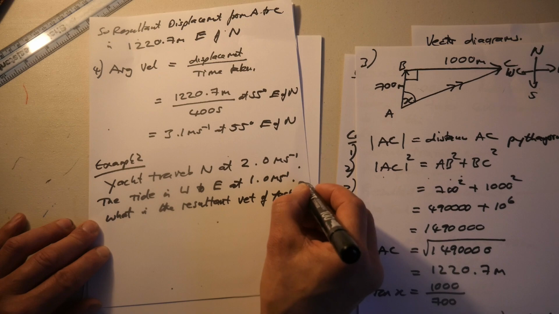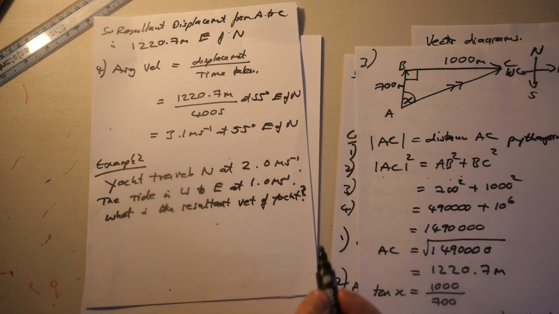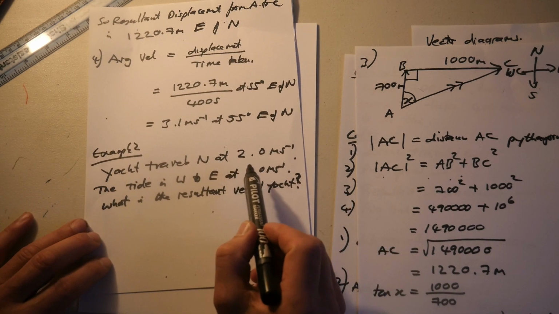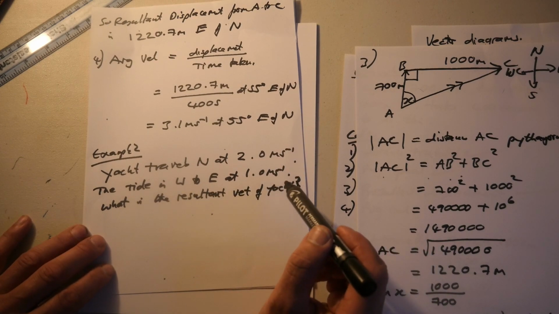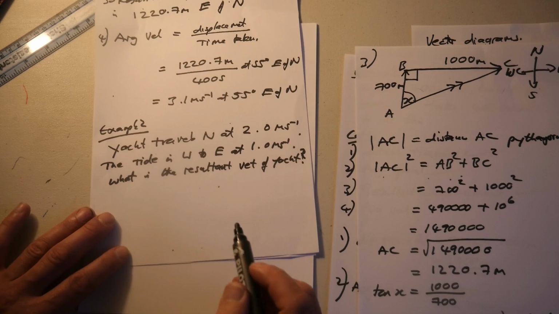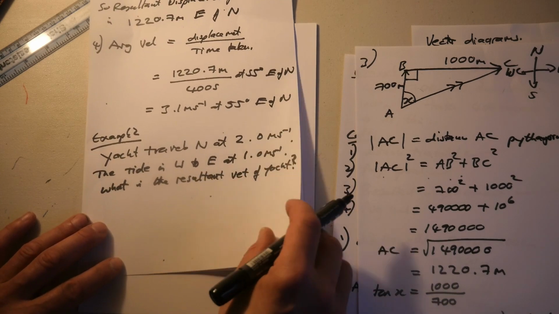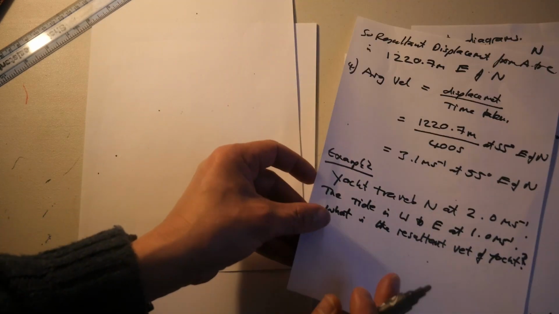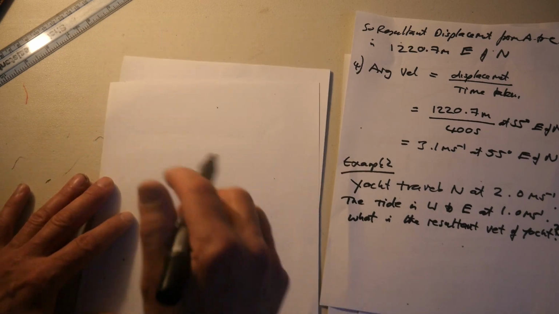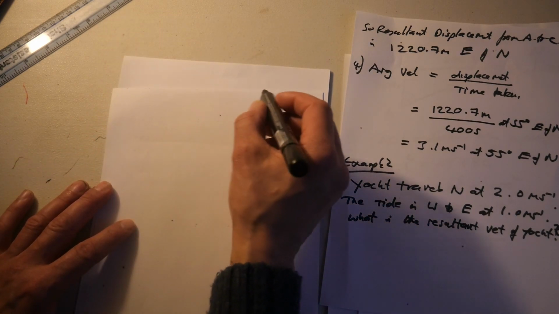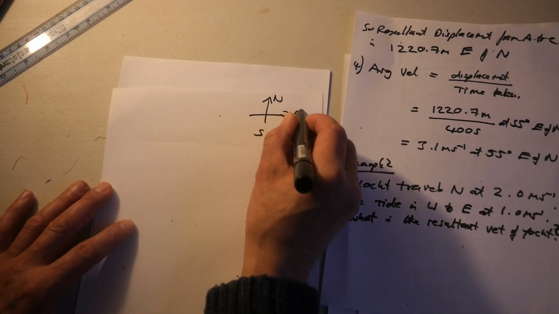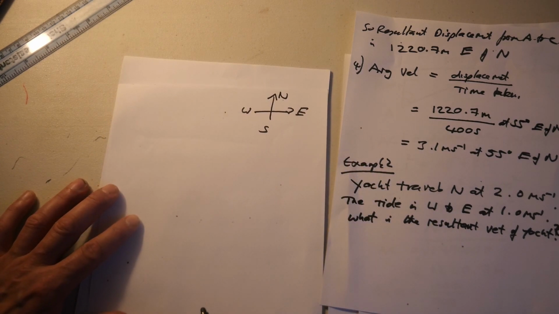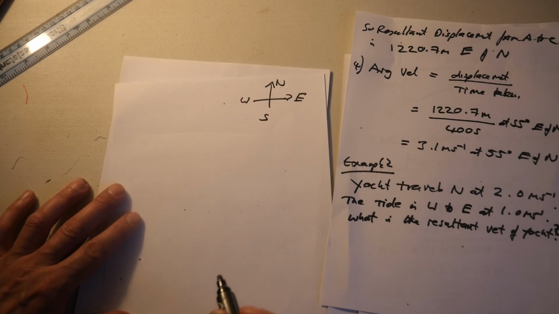If you're in a sailing boat, it's travelling 2 meters per second north. The tide is moving west to east at 1 meter per second. So what's the resultant? You have to draw a vector diagram again. So you have north, south, east, west.